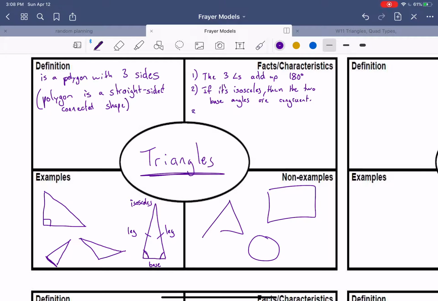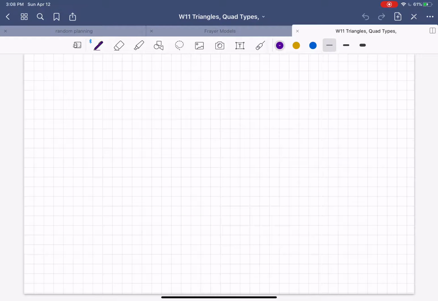And then the last thing we're going to learn about triangles today is what we call a mid-segment. But we'll come back and talk about that once we go over some examples of using the first 2 properties.